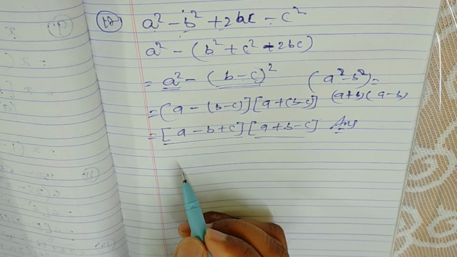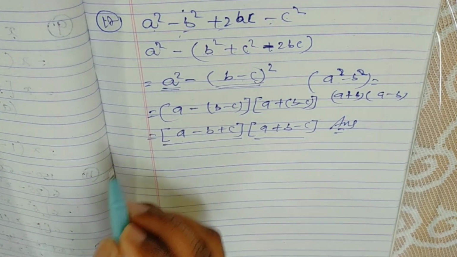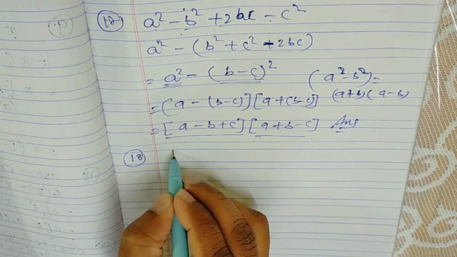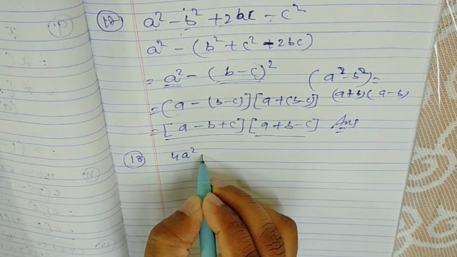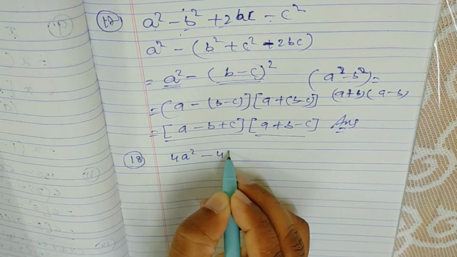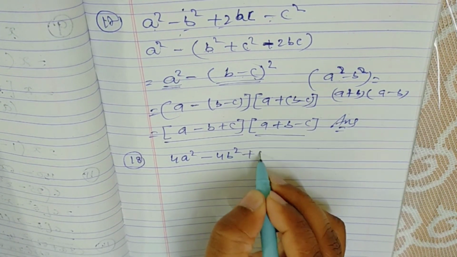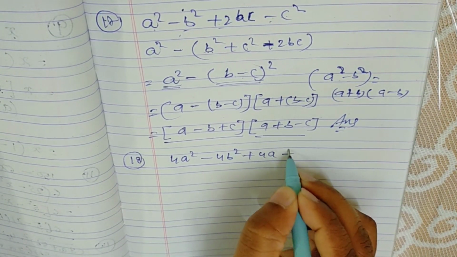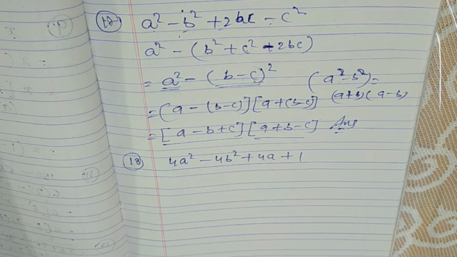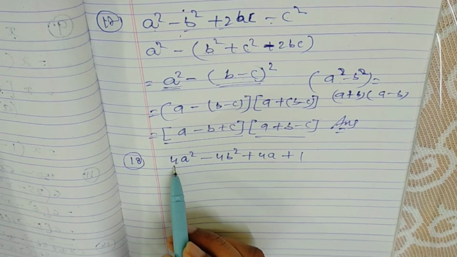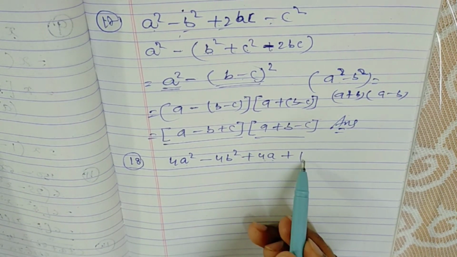Next question. So question number 18. Question 18 is 4a square minus 4b square plus 4a plus 1. So we will see here 4a square, 4a plus 1.